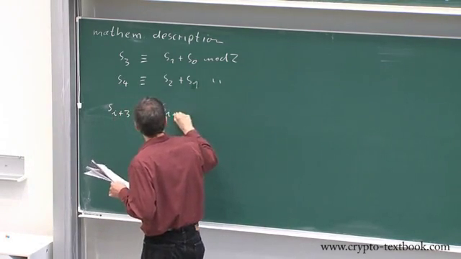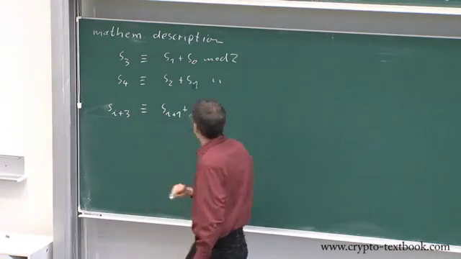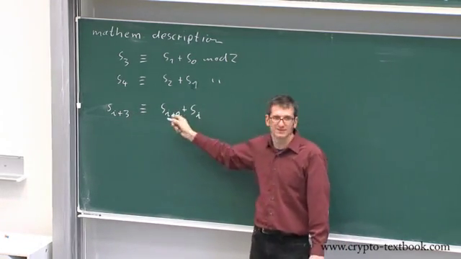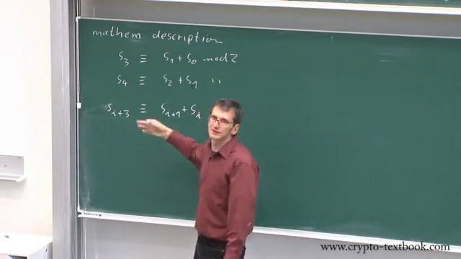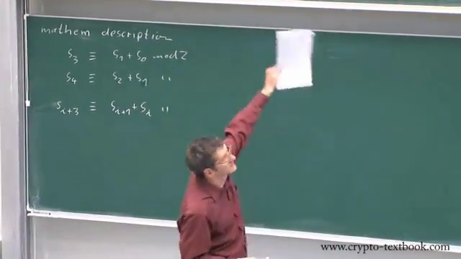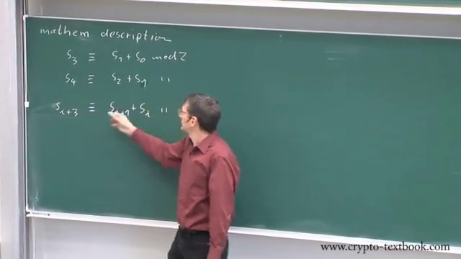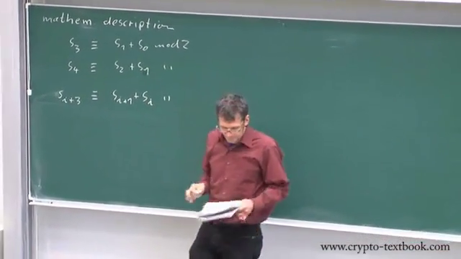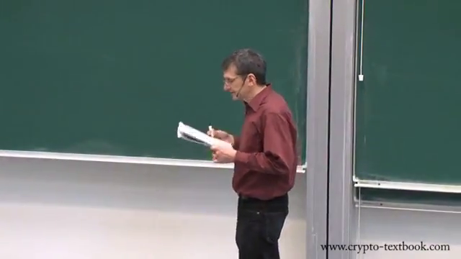It's just a little bit easier to do it this way. Because here you can add up Si and Si plus 1 modulo 2, so this is the equation that describes this shift register there, okay? Si plus 3 is this here, okay? That's it. Okay, so this is kind of nice.